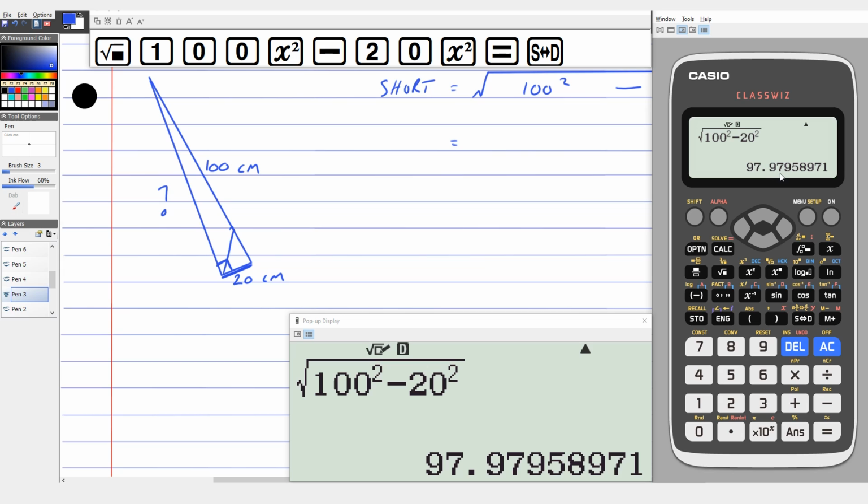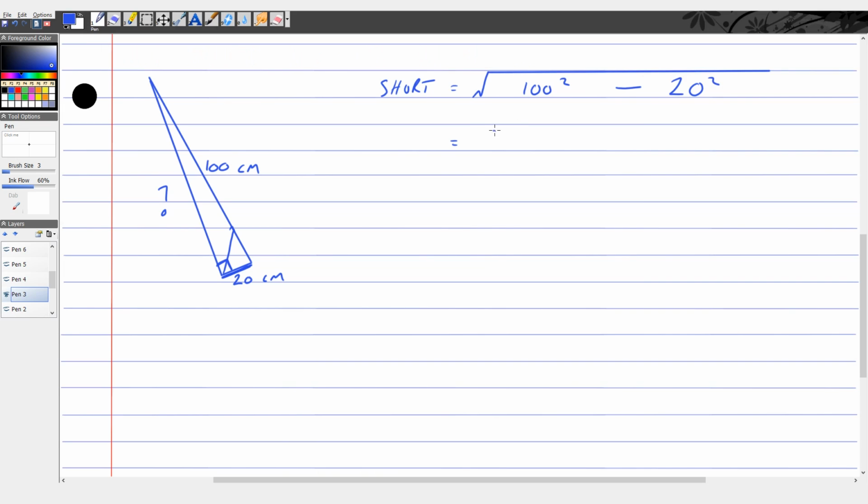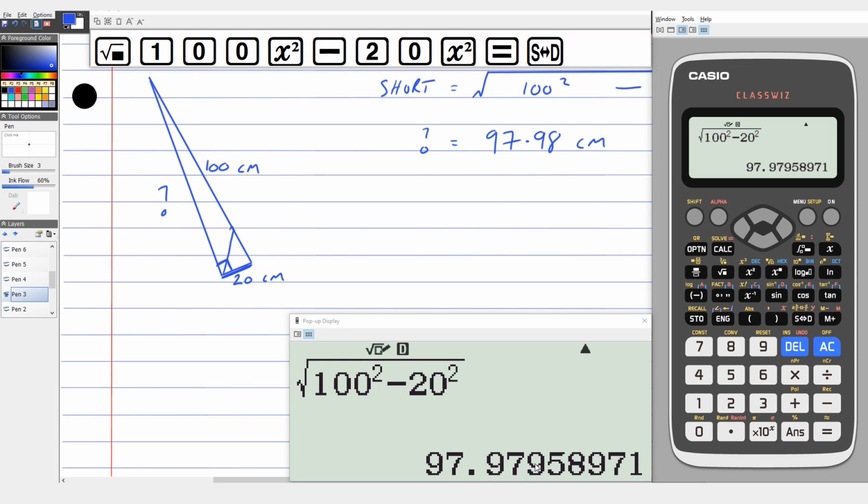So we've got a 9 and a 7, but there's a 9 after the 7, which rounds it to 97.98 units long. And because we're told the units, we would put the units in. So the unknown side is 97.98 centimeters long, because that's what our calculator told us.